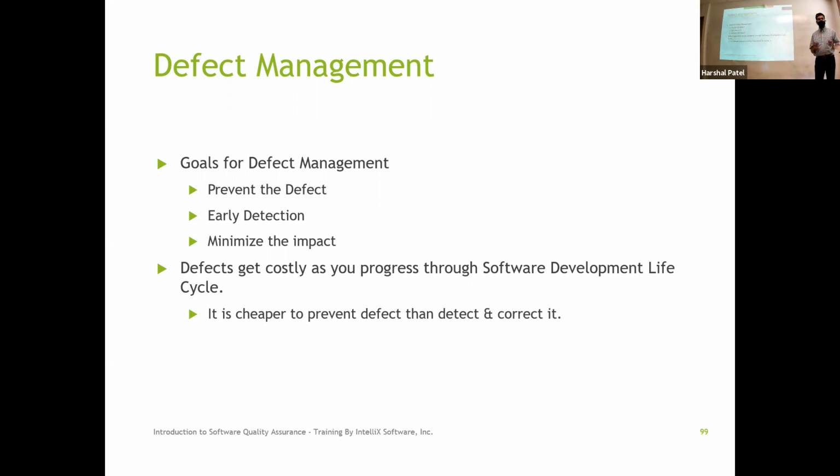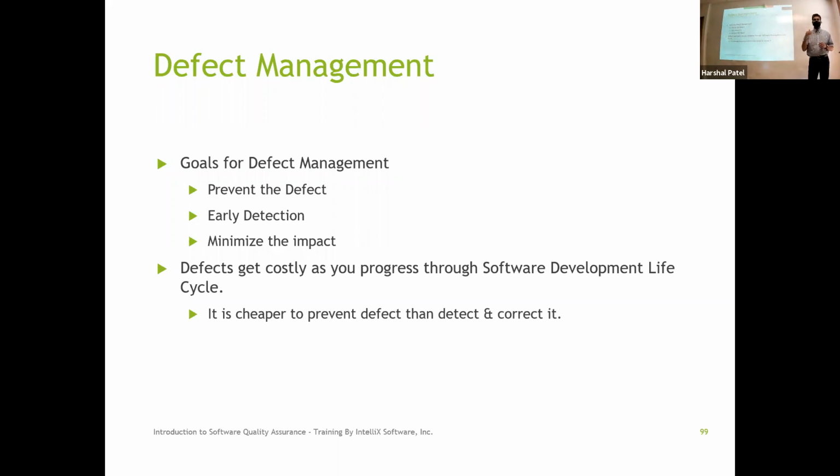So you put procedures or processes in place and ask, how do we make sure that the defect doesn't go through? How do we prevent it from actually happening? That's integrating quality into the development itself.